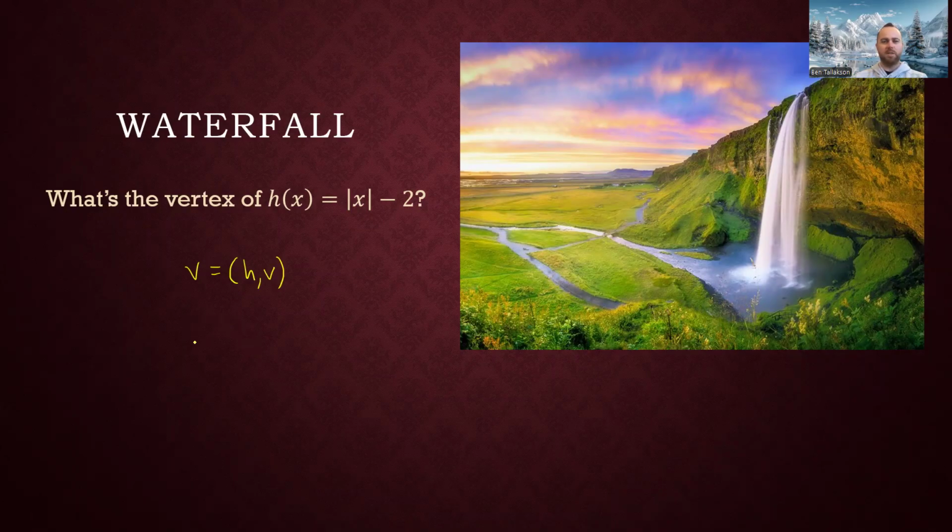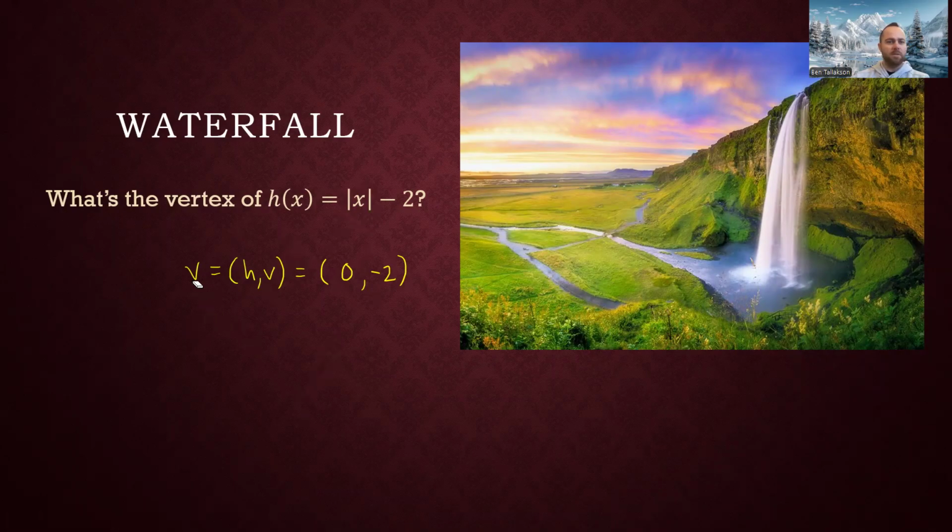Especially if it's in vertex form. So, what's h? We do not see anything with x. It is all alone. That means there is no horizontal shift. We are not moving left and right. We're only moving down 2, so that's where our vertex will be.